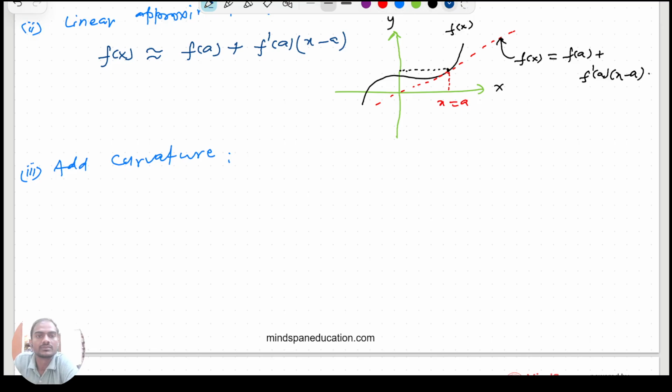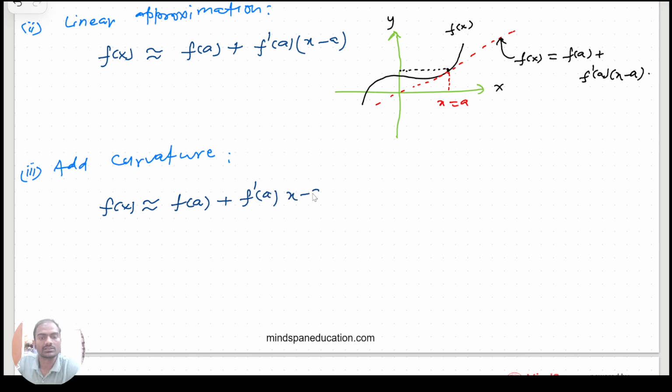Let me write this first, and then I will give you the exact reason why we are writing it like this. First, f(x) is approximately equal to f(a) plus this linear approximation, plus, let's say we don't know this c2, c2 into (x minus a) squared, a higher order term.